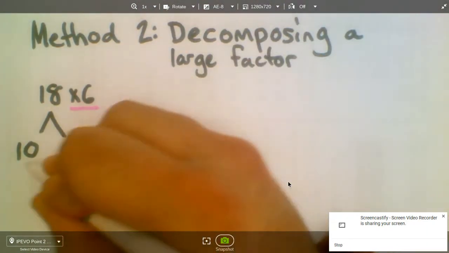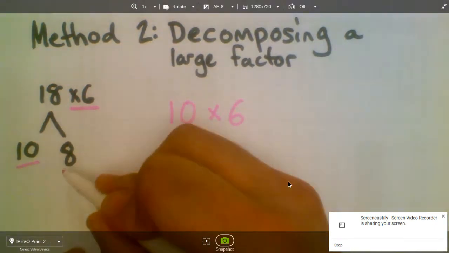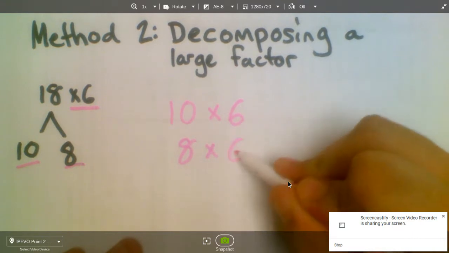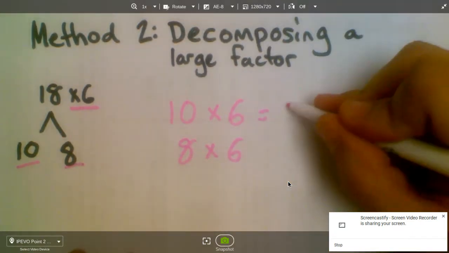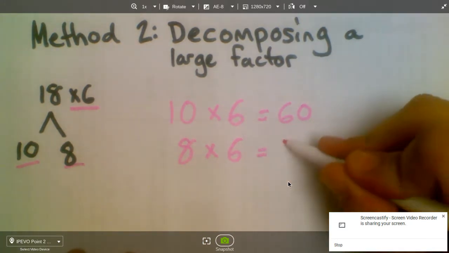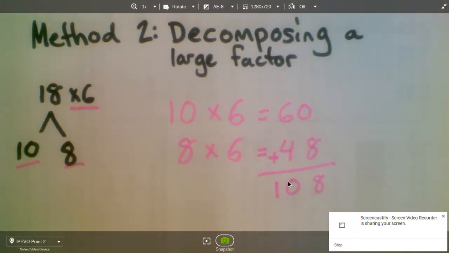So I can do 10 times 6, and I can do 8 times 6. So 10 times 6 equals 60. 8 times 6 equals 48. And now I'm going to add those up and get 108 yet again.